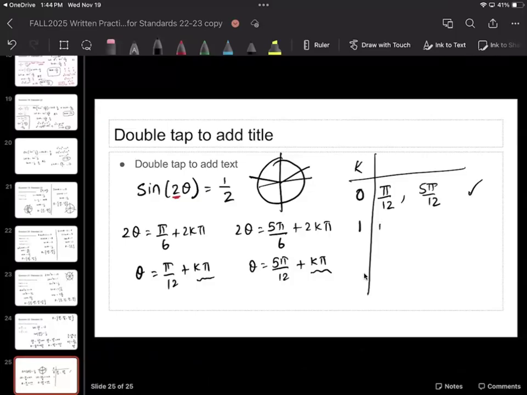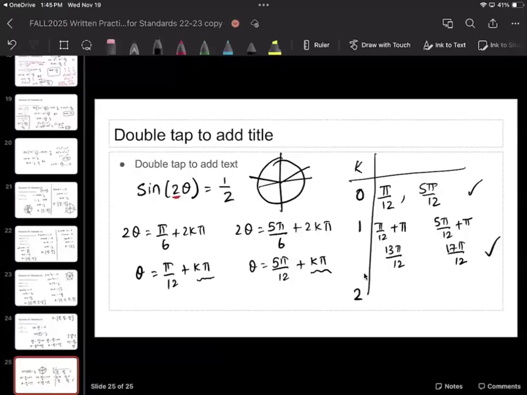I get pi over 12 plus pi, because k became 1, and here you have 5 pi over 12 plus pi. When you simplify this, that is 13 pi over 12, and then this is 17 pi over 12. Now they are both within 2 pi, so both of them check out.